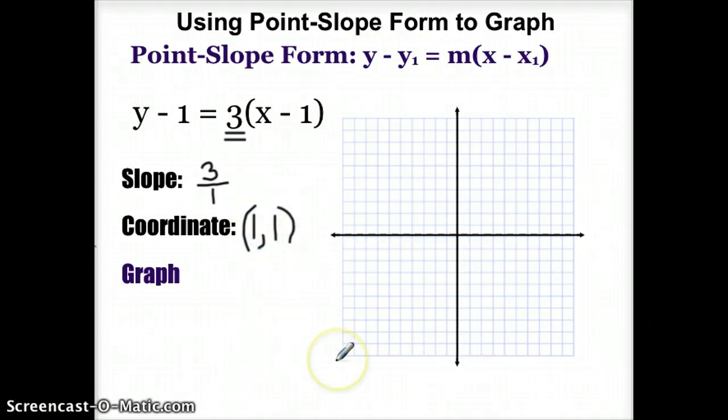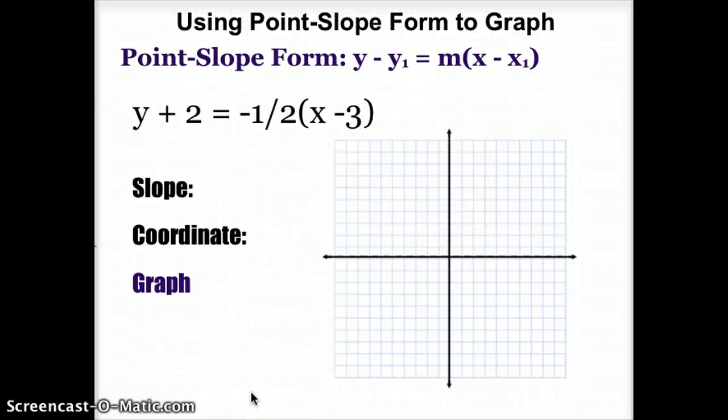Now to graph this, I can start at the point (1, 1), there it is, my coordinate, and from this I can go 3 up because that's my rise, my slope, and 1 over, my run, and follow the pattern. Rise 3, run 1, and then you can make a line connecting your points.